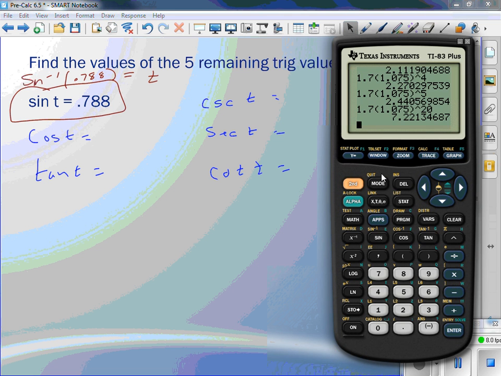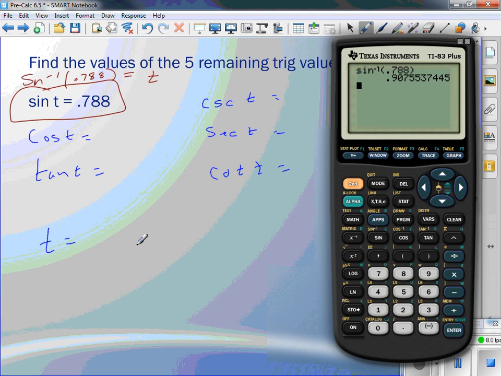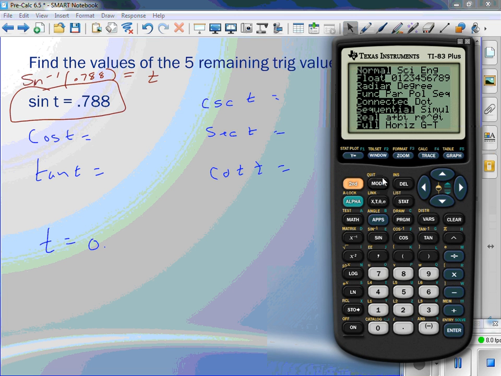So in the calculator, inverse sine of 0.788. What is t? Well, it doesn't matter which mode it's in. You just got to stick with it. Mine's in radians. I'm going to leave it in radians.